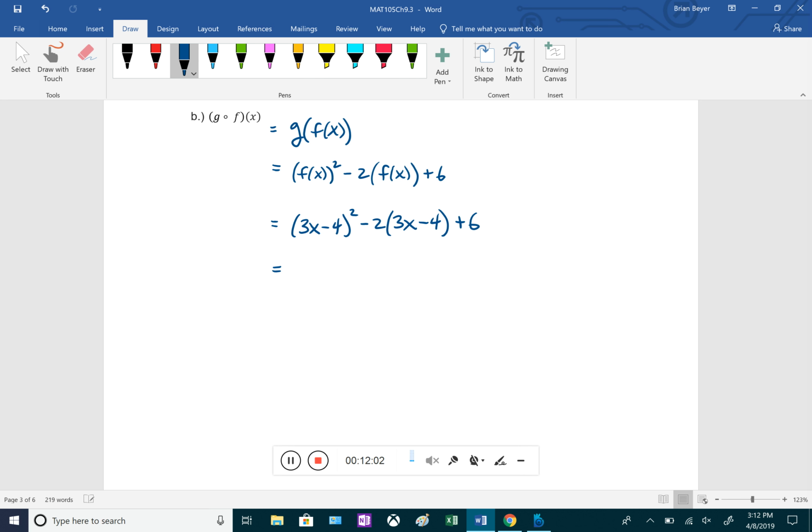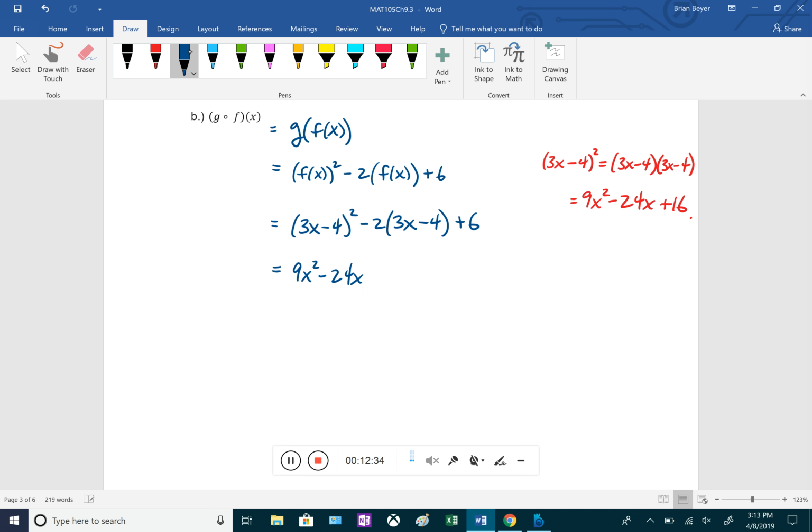So 3x minus 4 squared, you would have to distribute that out. So I'll do it over here on the side. 3x minus 4 squared equals 3x minus 4 times 3x minus 4. We would end up getting 9x squared minus 24x plus 16. So that's going to be that first big term expanded out.